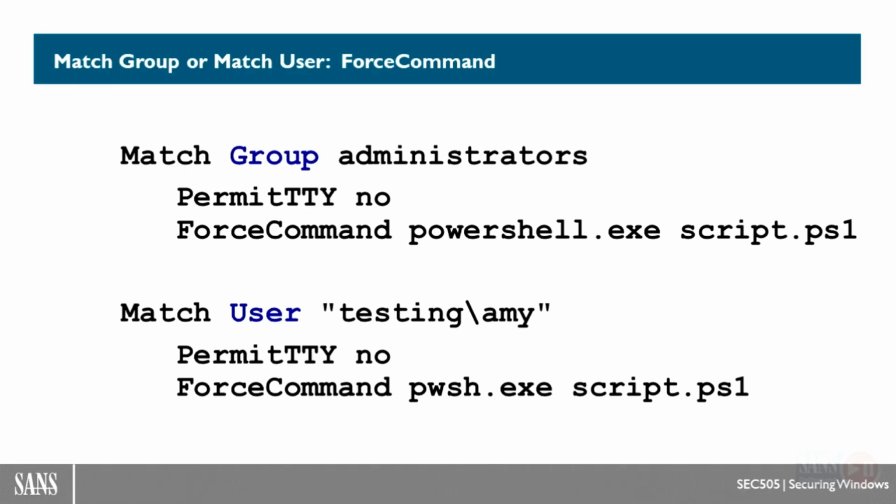So you can associate a force command with an entire group, but in real life, it's probably more likely that you'll create a special user account just for this purpose, like for example, the Amy account, and then have an associated hard-coded command for it. There's many other keywords that we can use as well. These are just a sample of the types of keywords that you can add to the sshd config file. It's a nice trick.